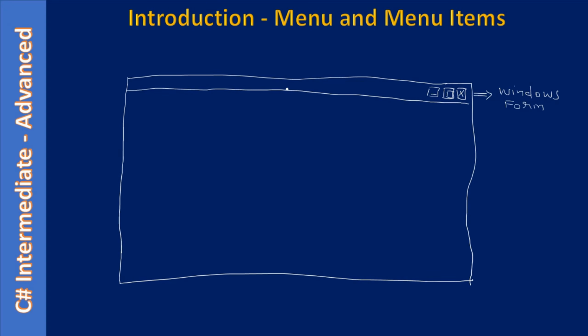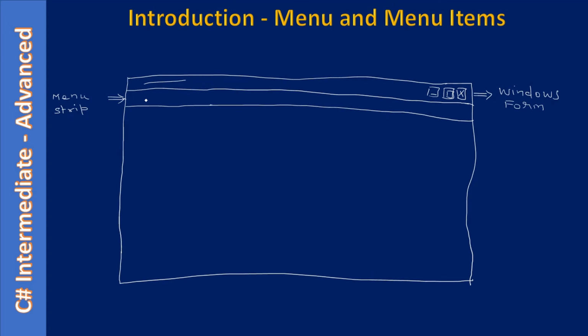So this will be the Windows form. Here you will have title and other items. So in C# Windows form, this is called MenuStrip. So MenuStrip will hold all the menus.